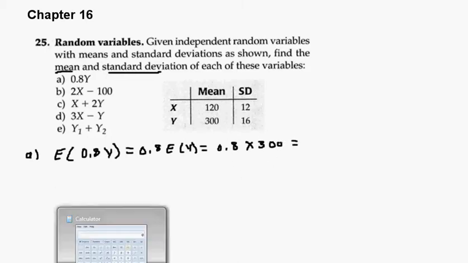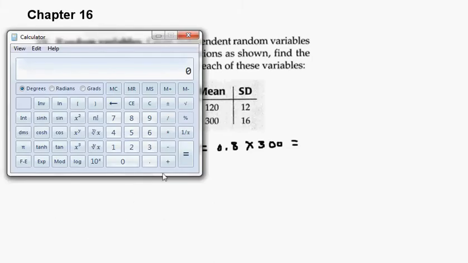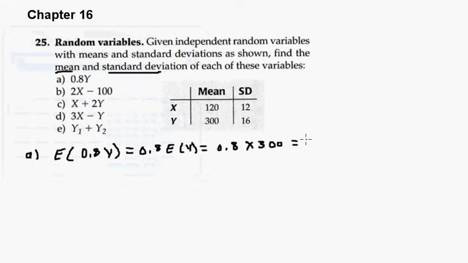Let's just see, I think I know what that is, but let's just go 0.8 times 300. Okay, so that makes sense. 240. So now we want the variance of 0.8 times y.